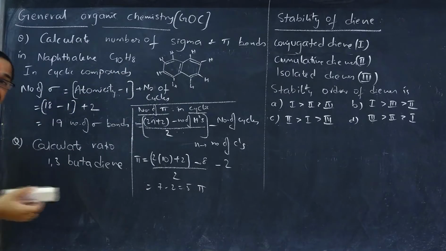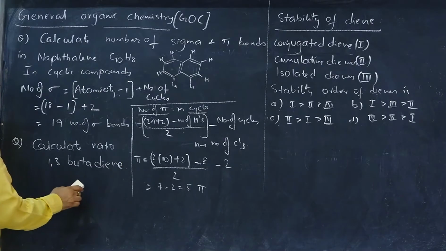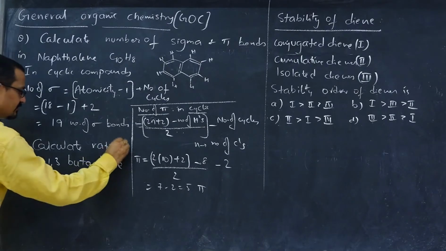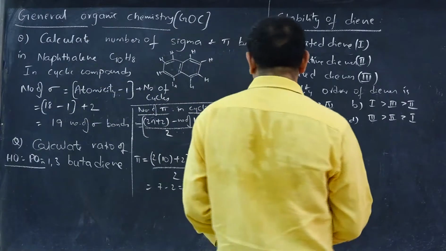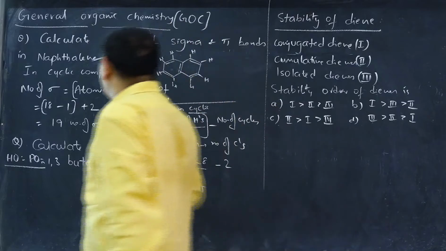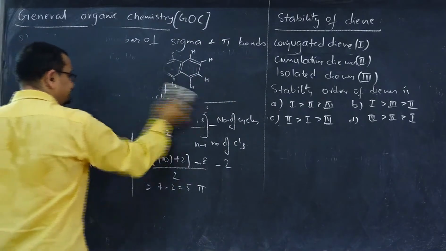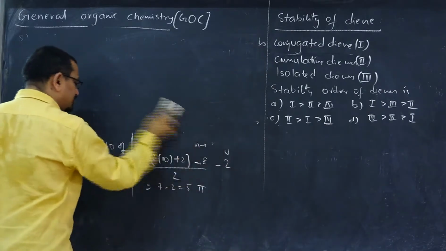Now, the next question: calculate the ratio of hybrid orbitals to pure orbitals in 1,3 butadiene. We have another shortcut for this also.